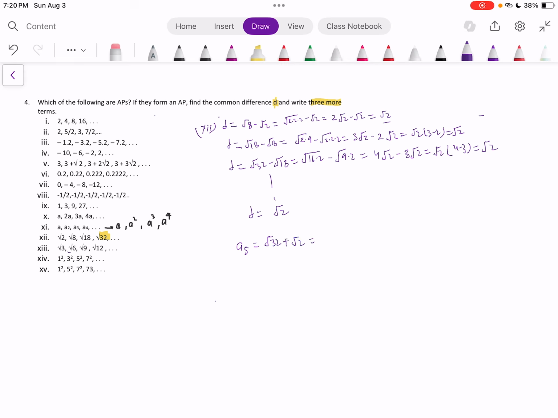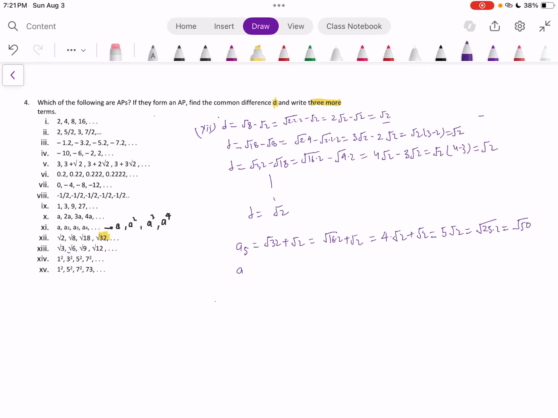So square root of 32 is 16 times 2 plus square root of 2, so 4 times square root of 2 plus square root of 2, so it is going to be 5 times square root of 2, which I can also, if I move this 5 inside the square root, it is going to be 25 times 2, which is 50, square root of 50.